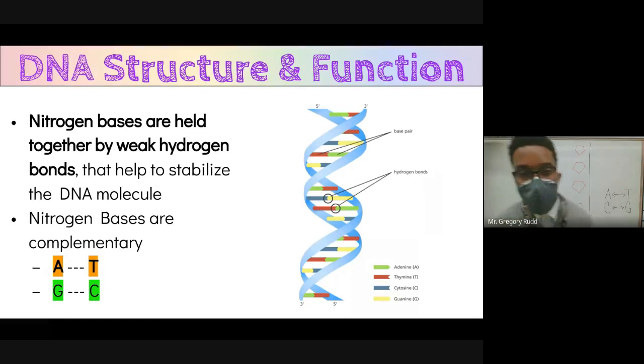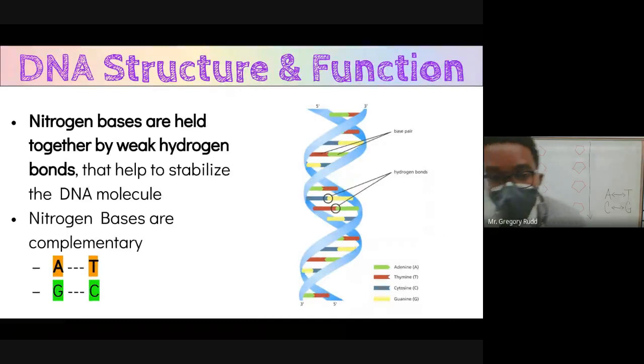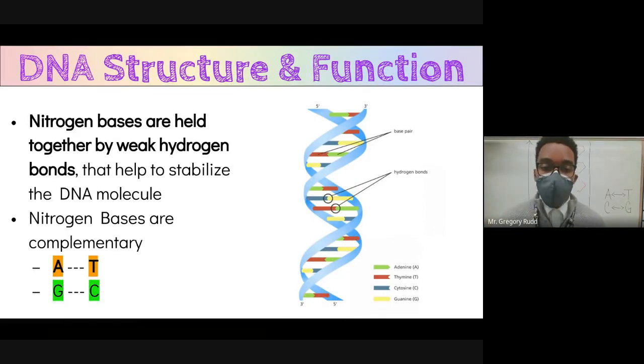And if you remember from our original drawing, I told you that the oxygen is always going to be pointing up. The tip of the pentagon is always going to be pointing up. And I also told you that it points in the direction of the fifth carbon, 5 prime.